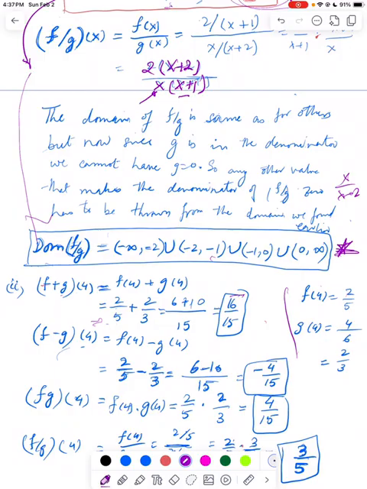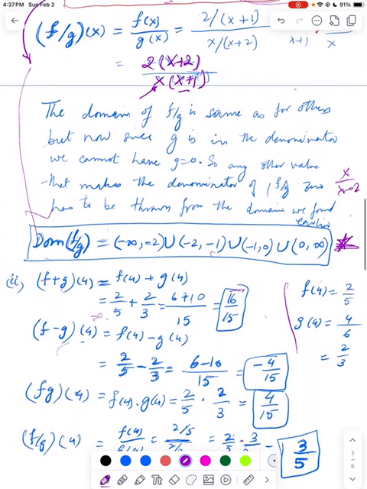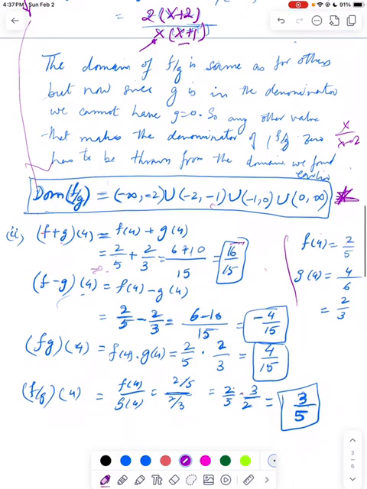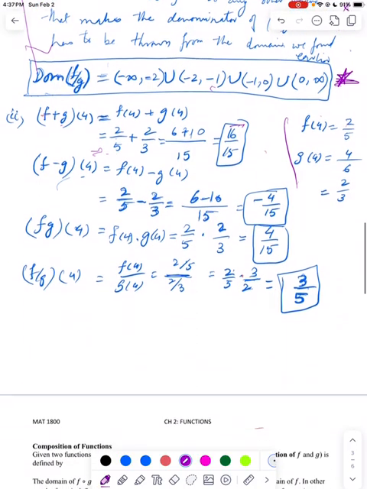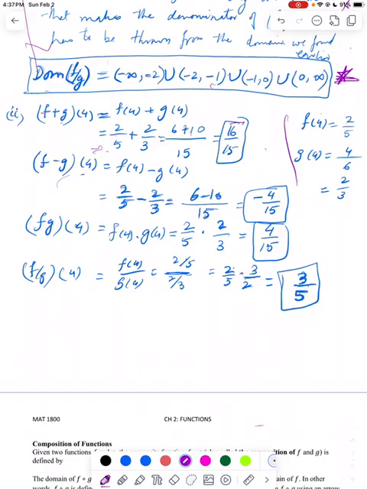Then f times g, so you can see f of 4 times g of 4, so 2 over 5 times 2 over 3, which is going to be 4 over 15. Then we have f over g of 4. So we find the fractions which we have already. Then we arrange them such that we have one fraction divided by the second fraction.